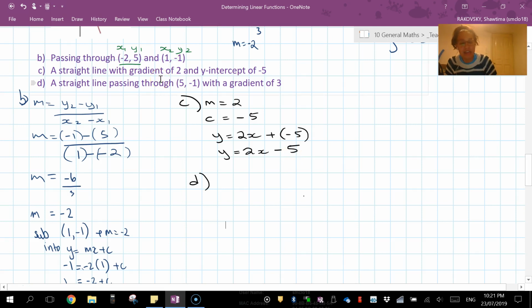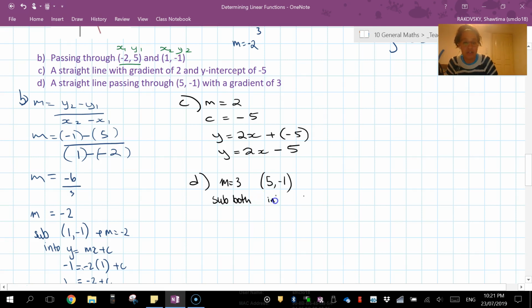So with D here, we've got a line passing through 5, -1, and it's already got a gradient established for you. So m equals 3, and then your line is passing through 5, -1. What you're going to do is substitute both of those into your linear function in the y equals mx plus c form.